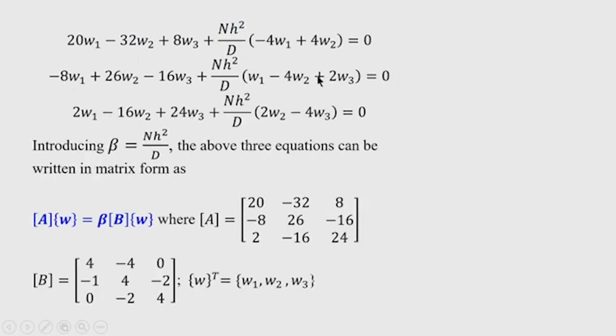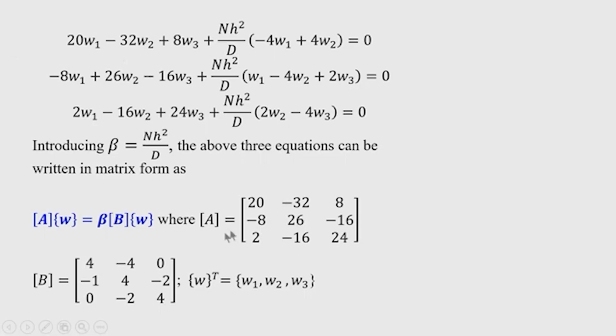So, 3 equations we have now got, and these 3 equations can be expressed in matrix form, say A matrix, W matrix. Beta is a factor containing the buckling load n, and it is written as n square by d, and beta B W, where A is the coefficient matrix, that is 20, minus 32, 8, the coefficients of W1, W2, W3 etcetera in each equation.